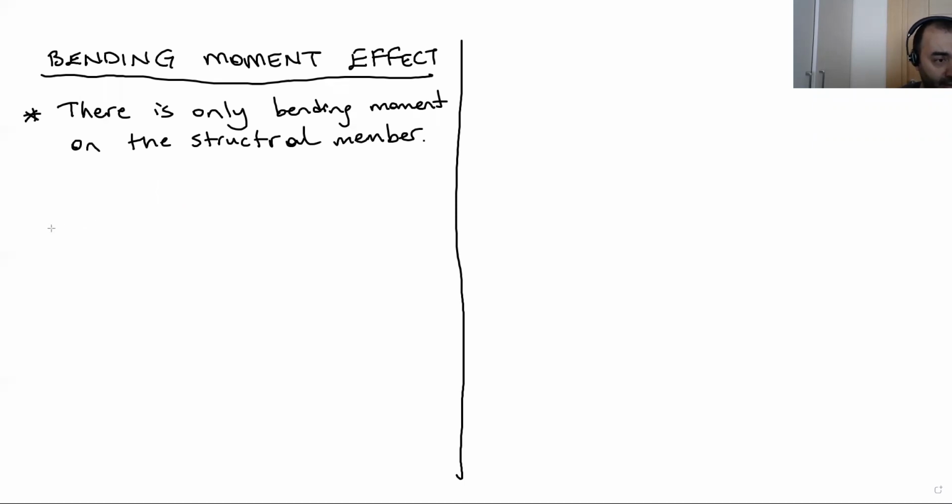For example, if I have a beam like this, at each side, if I have a moment, this is an example for that.